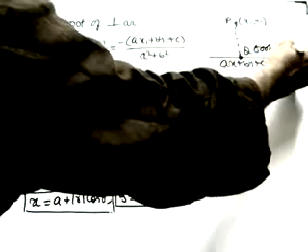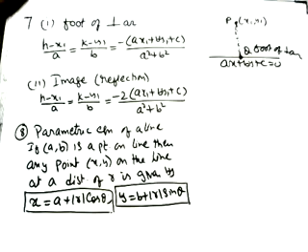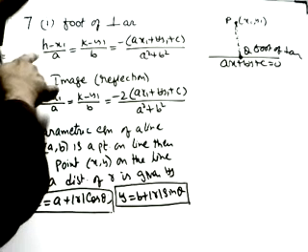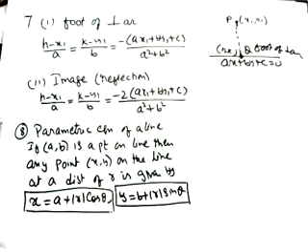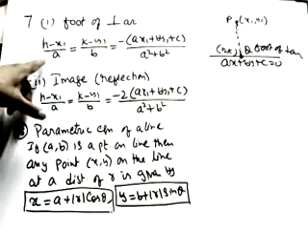This point is called the foot of perpendicular, and we have to use a formula for it. The foot of perpendicular is denoted by h comma k.